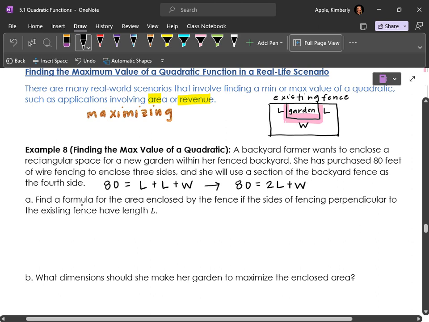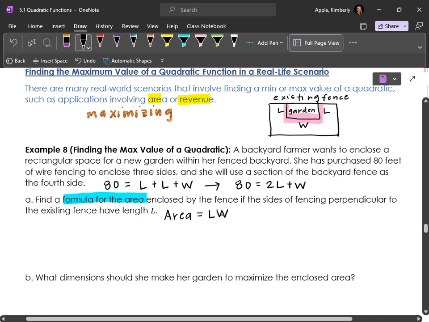Then let's consider the formula it's asking for, and that is the formula for the area. The area of this rectangular garden is going to be length times width. We've got to figure out a way to relate the area to the specific parameter of 80 feet of fence.